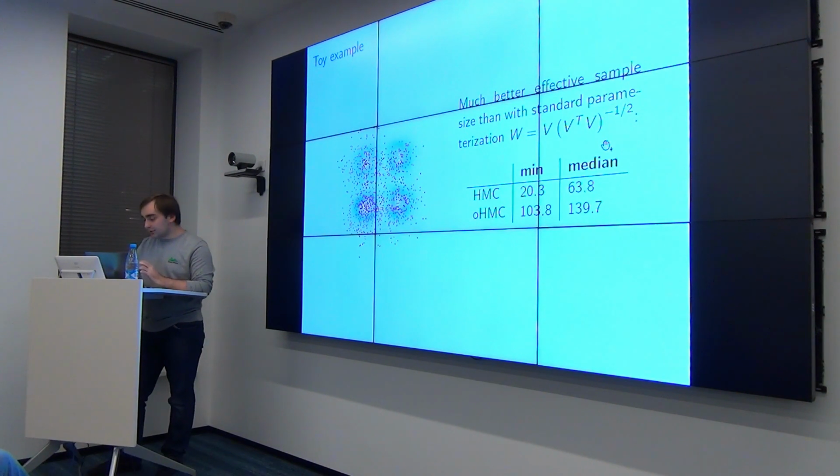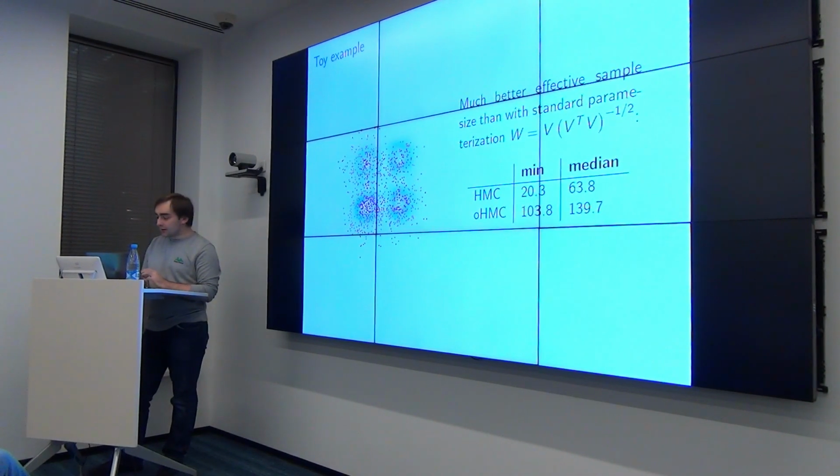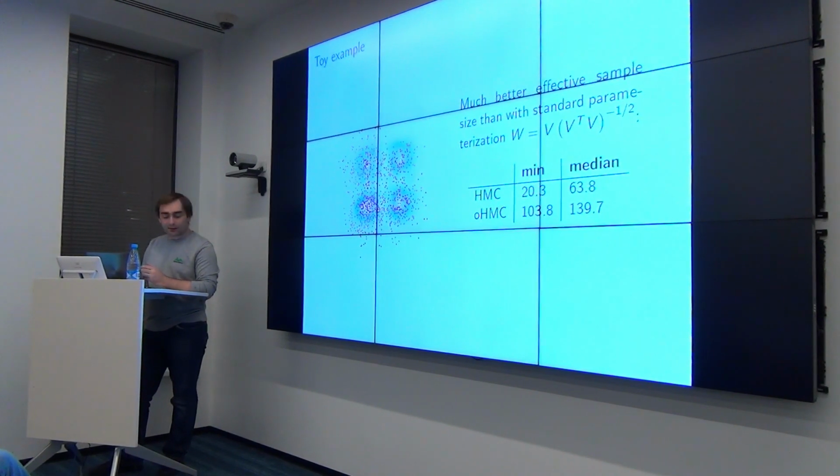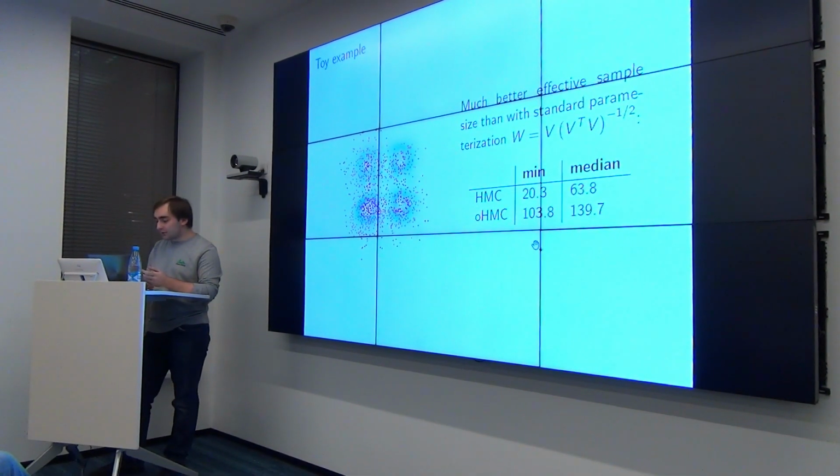And this parameterization is ambiguous. For example, you can multiply V by some constant, and you'll get the same W. And it can make the performance of the sampler worse. And this is what we see in the results.